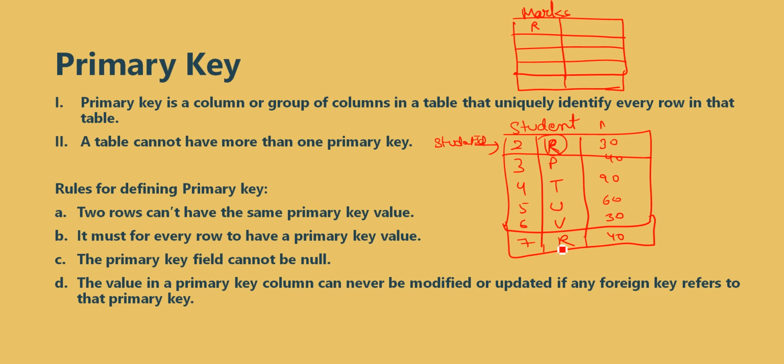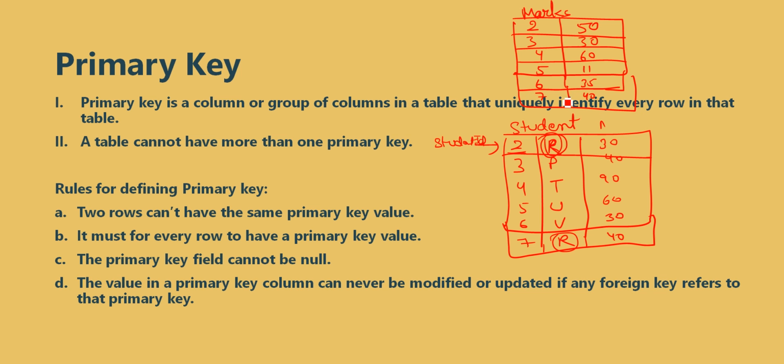Two persons can have the same name, R and R. So instead of writing R, I need to store the ID of a student so that it is unique for us. So instead of writing R, I'll write the ID of the student, 2. So 2 got marks 50, 3 got 30, and this way 4 got 60, 5 got 11, 6 got 35, 7 got 40, anything.